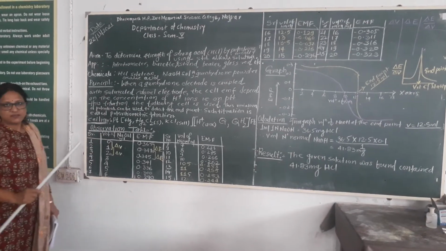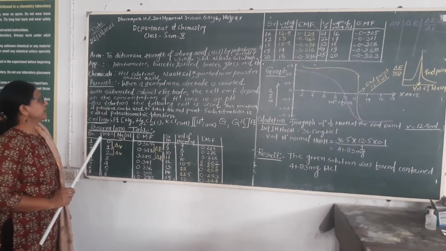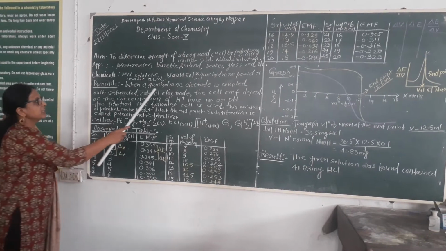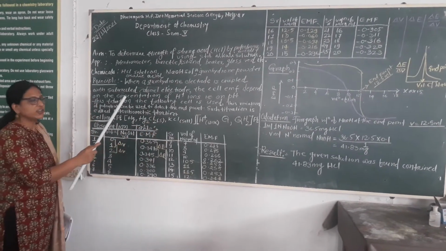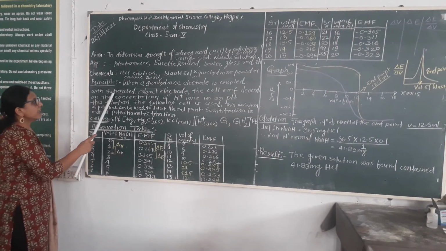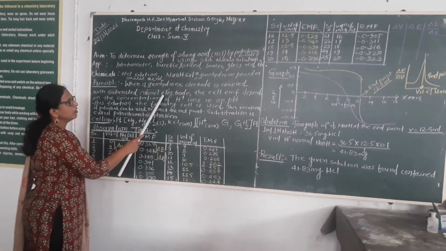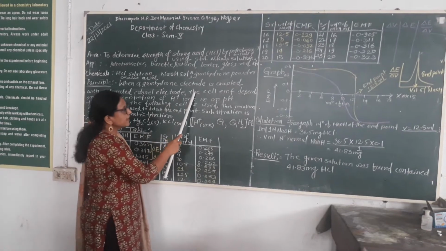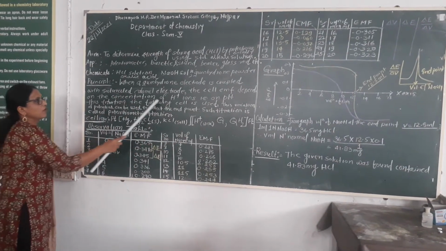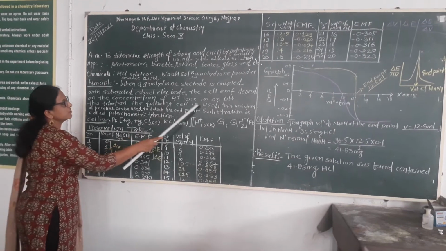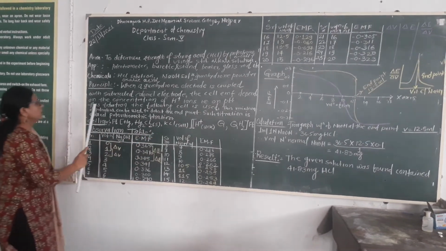The principle behind this experiment is that when a quinhydrone electrode is coupled with a saturated calomel electrode, the EMF depends on the concentration of H+ ions, that is on the pH.